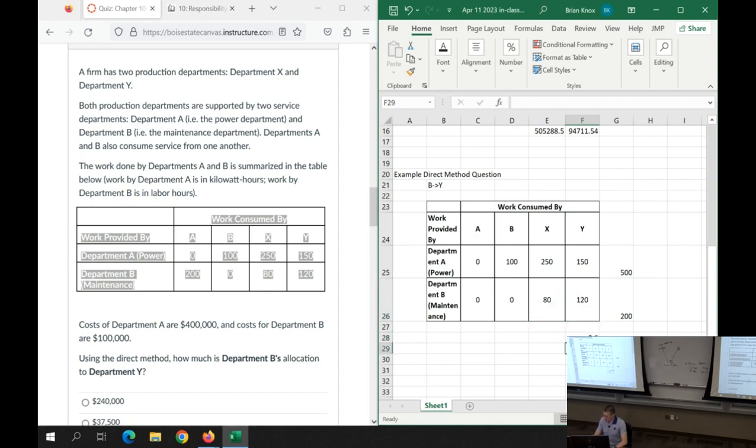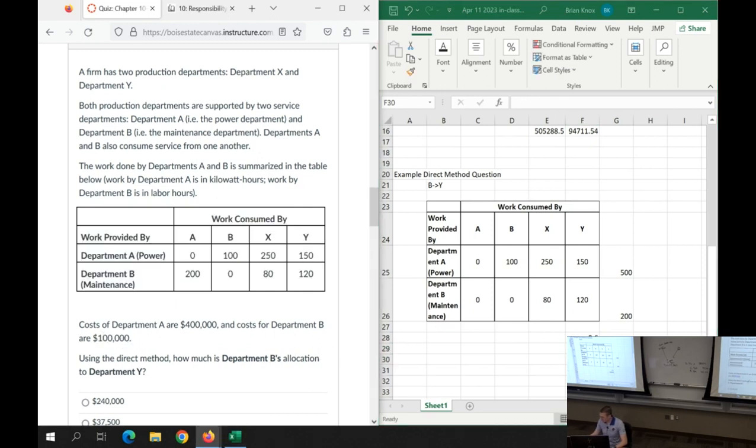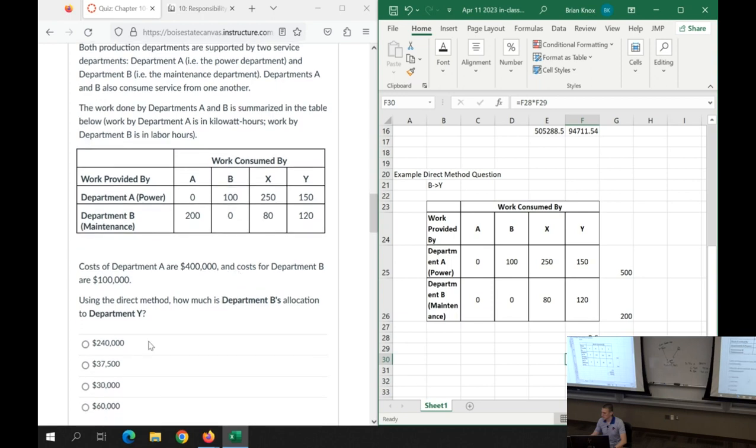So we can simply take the Department B's costs, 100,000, just right from here, and multiply them by that 60%. So Department B should be allocating Department Y $60,000.